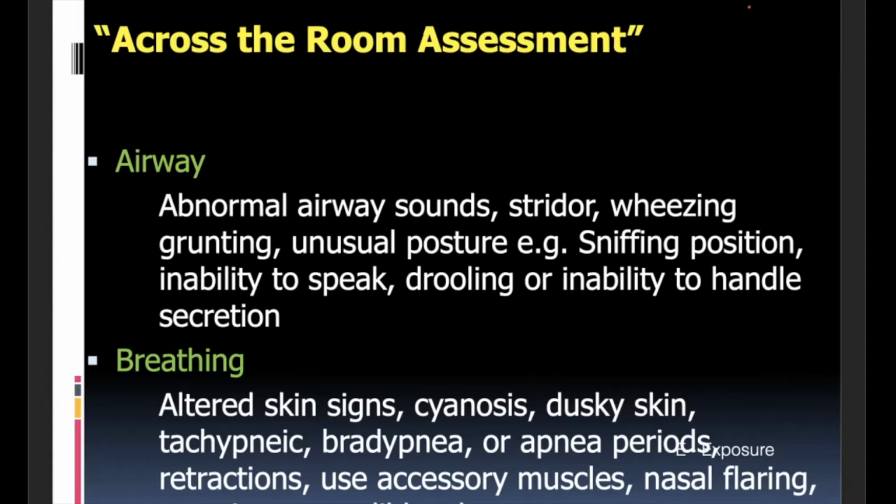Now it says here that we need to check if there is drooling or inability to handle secretions. Maybe there is fluid in the airway. We also need to look for a foreign body.